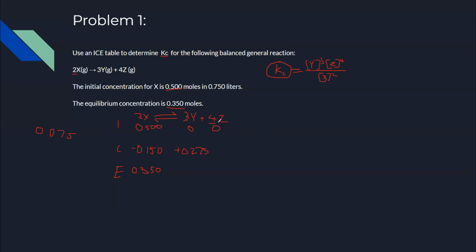And then for z, it'll be 0.075 times 4, which will be a plus 0.300. And so the equilibrium amount of moles will be 0.225 and 0.300.